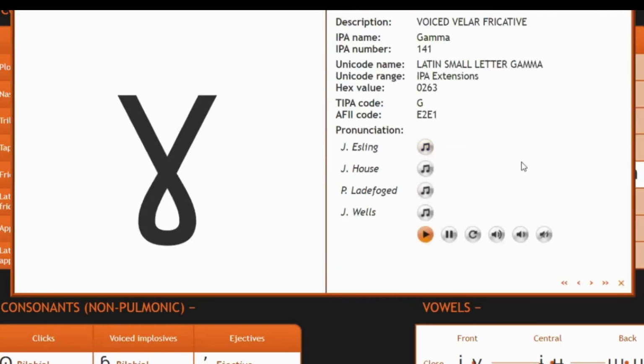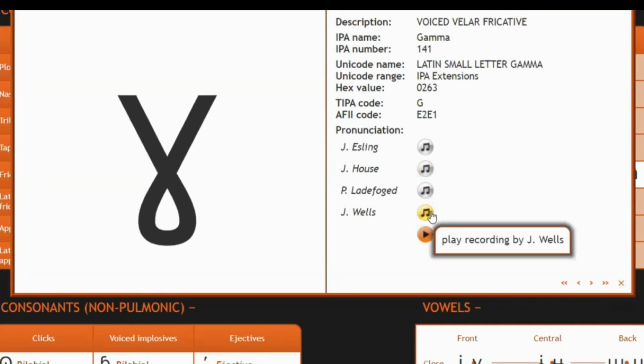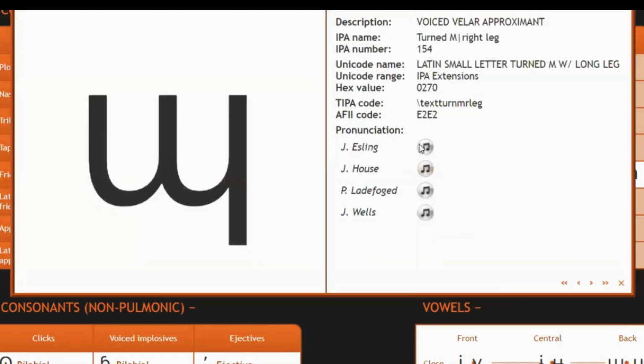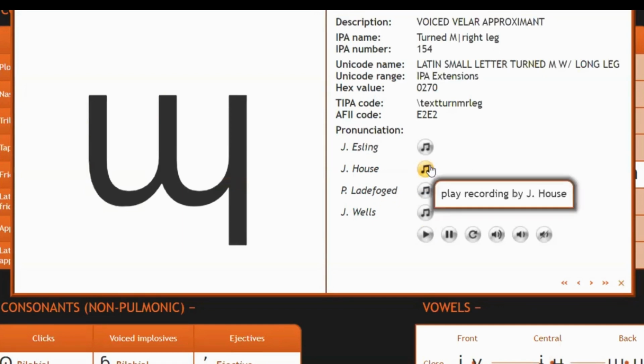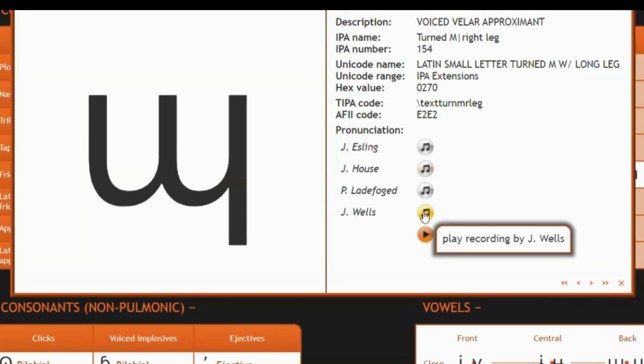Ga, ga. We have the velar approximant. La, la.